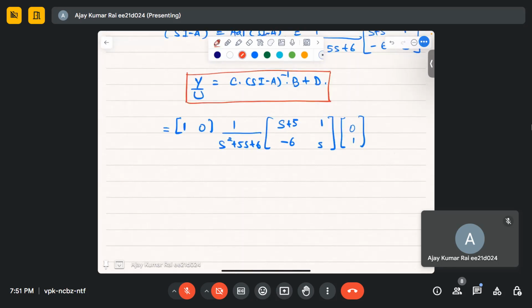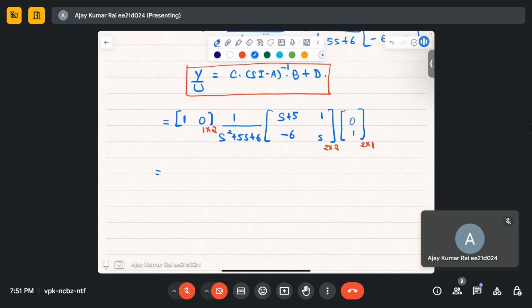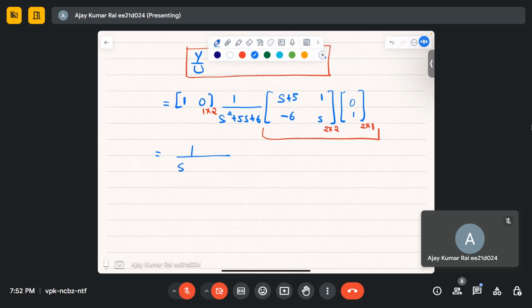So let me just see what the matrices are. This is a 2 into 2 matrix. This is a 2 into 1 matrix. And this is a 1 into 2 matrix. Because ultimately if you multiply all of this, you have to get 1 into 1. So let me first do the multiplication of these two matrices. What you should get is a 2 into 1 matrix. Let me take this s square plus 5s plus 6 outside.